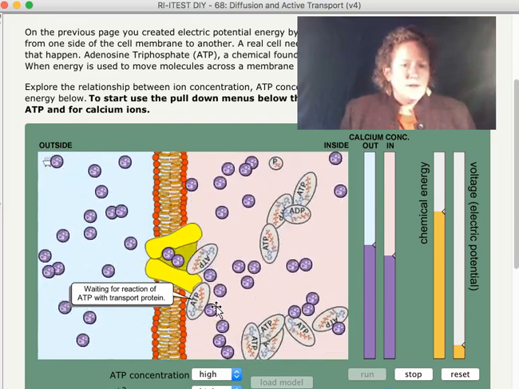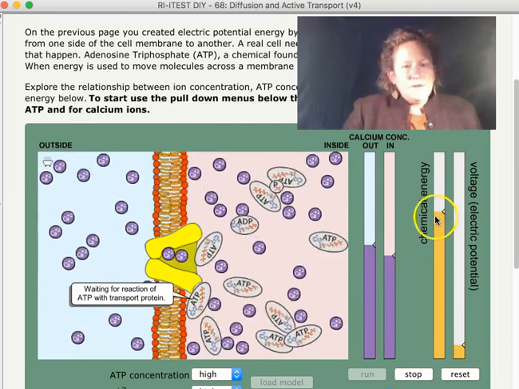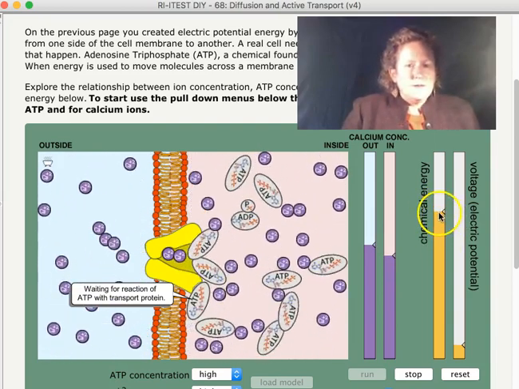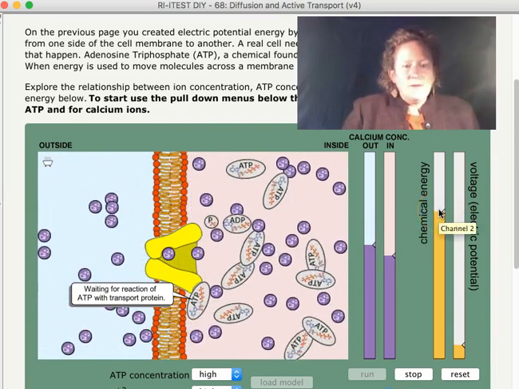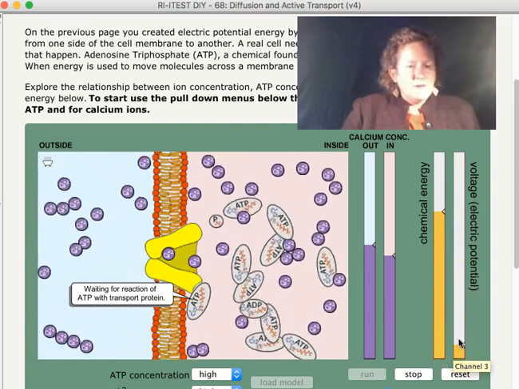So while we're waiting for the ATP to have a reaction here, we can talk more about this. As we use up ATP, we already used one, so you can see that the chemical energy went down a little bit and the electrical potential went up a little bit.